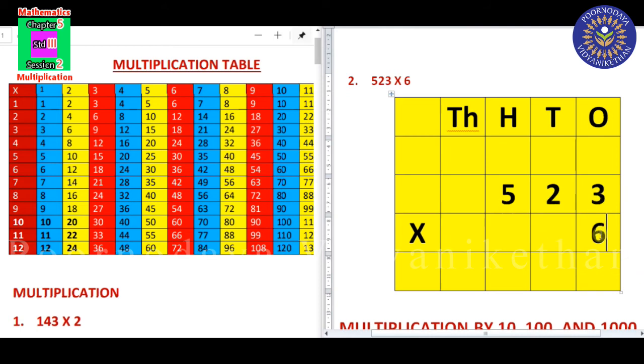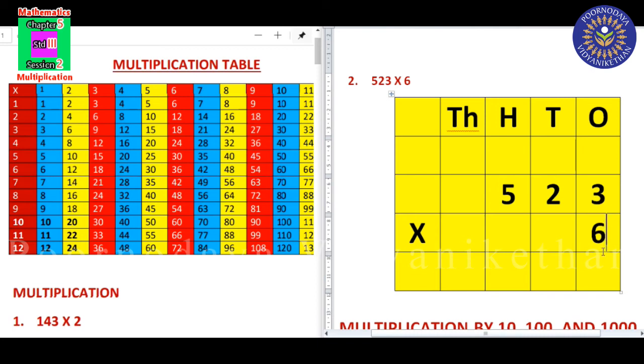3 6. We have to multiply 3 by 6. 3 1 is 3, 3 2s are 6, 3 3s are 9, 3 4s are 12, 3 5s are 15, 3 6 are 18.